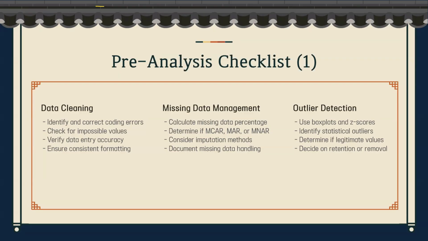Third, outlier detection. Use box plots and z-scores to identify outliers and then decide whether to keep or remove them.